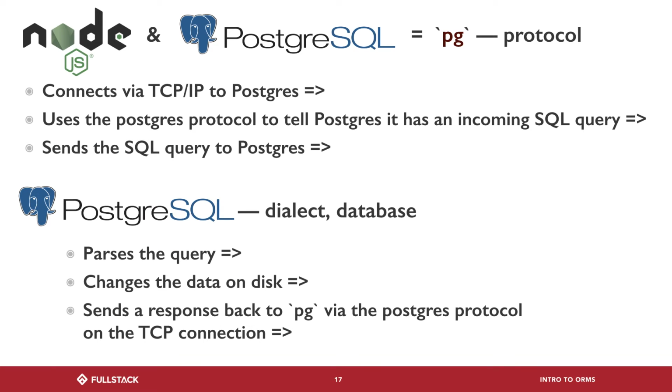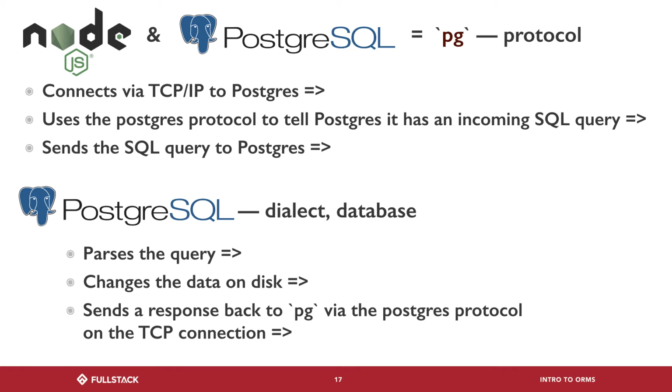And then PG, which is the protocol, will connect via the port and then use its Postgres protocol to tell PostgreSQL, the database, hey, this is an incoming SQL query, because we saw that it can only send SQL, whereas HTTP can send a lot of different things. It sends that SQL query after it told it, hey, I'm going to send it.